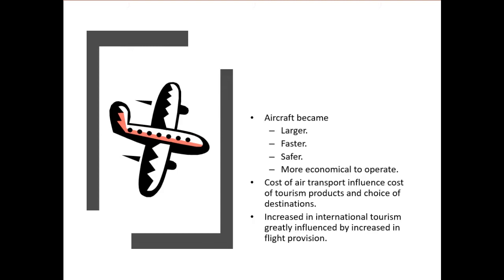Cost of air transport influences the cost of tourism products and choice of destination. This point is extremely important. I'm not giving examples internationally; I try to give examples more within Malaysia, so it's easy for us to understand as well.